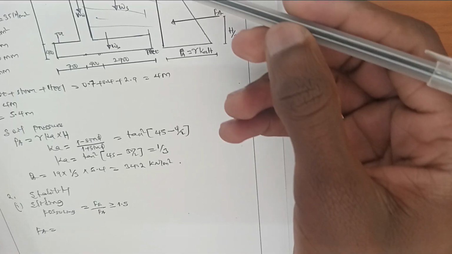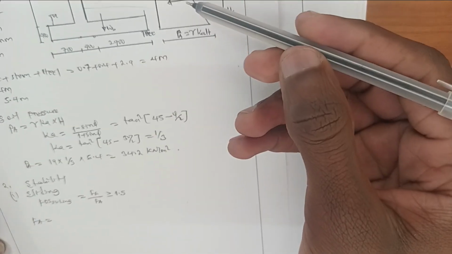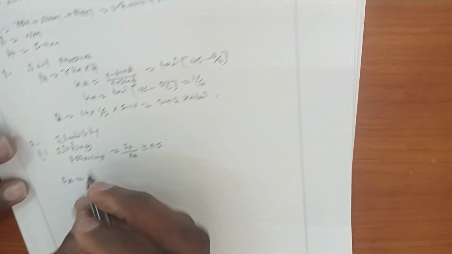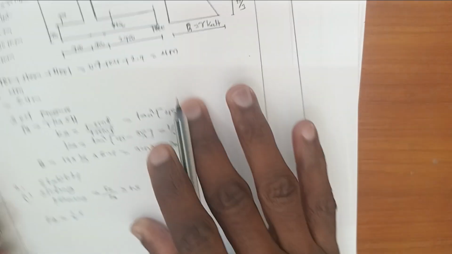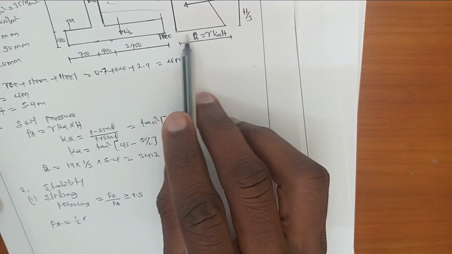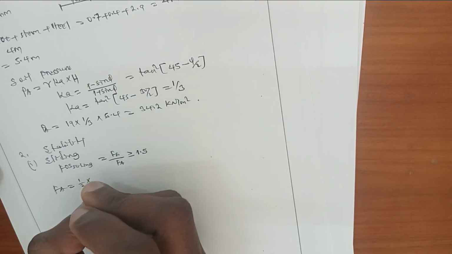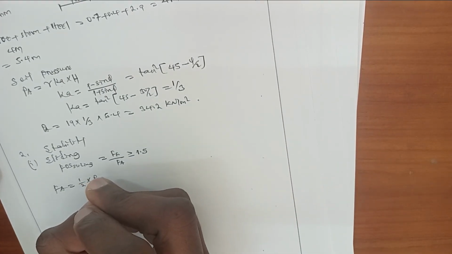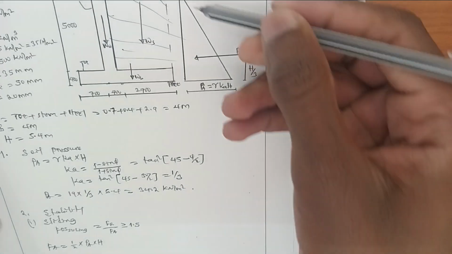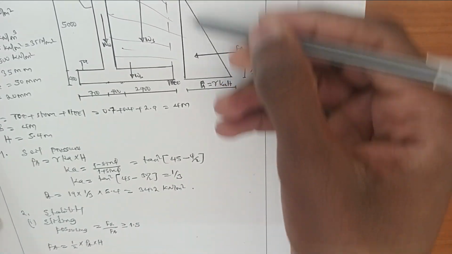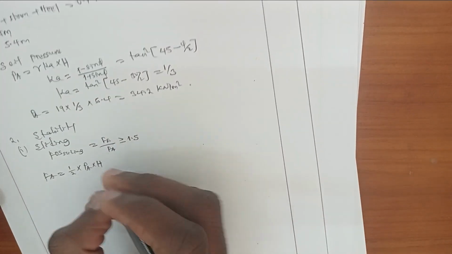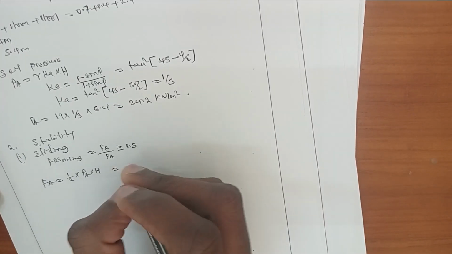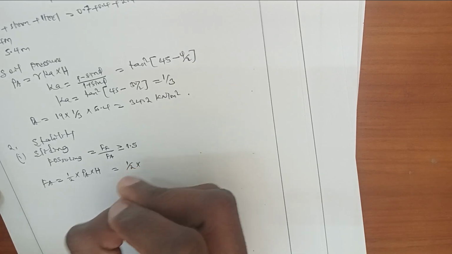So to obtain its area, we take the area of a triangle, which is a half times base times height. The base of this triangular shape is the active pressure, and H is the depth of this triangular shape.